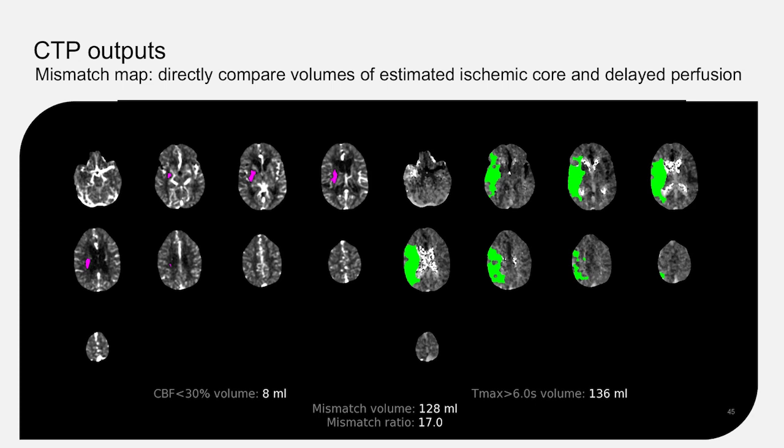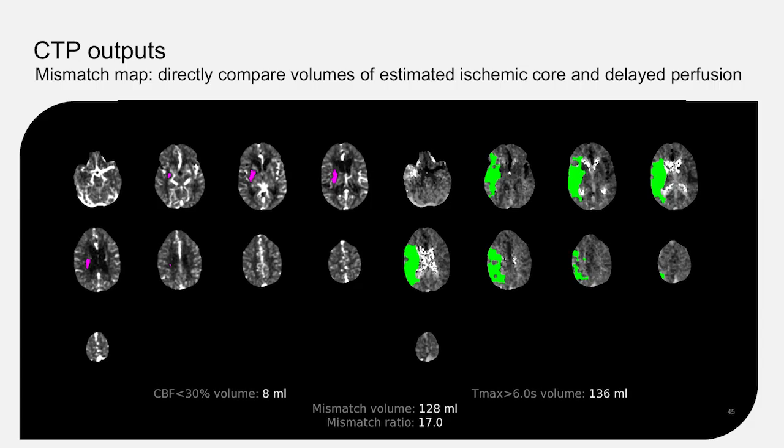So what the software that analyzes the perfusion scan does is it starts with the green map, and any area that's not green is assumed to have normal cerebral blood flow. So you can see that all of the left hemisphere and part of the right hemisphere looks like it has no delay. So you calculate the average cerebral blood flow for that patient, and then you can look at a reduction.